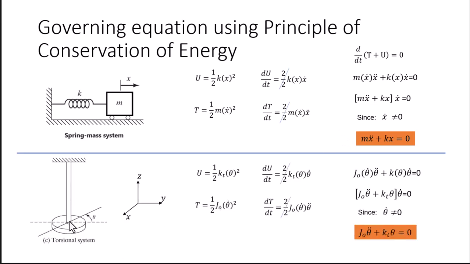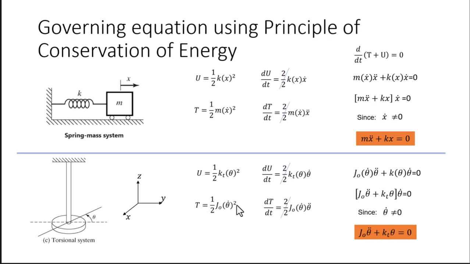We can do the same process for the torsional system. The potential energy will be the potential energy of the spring. In this case, the spring is the bar that has an equivalent torsional spring constant.